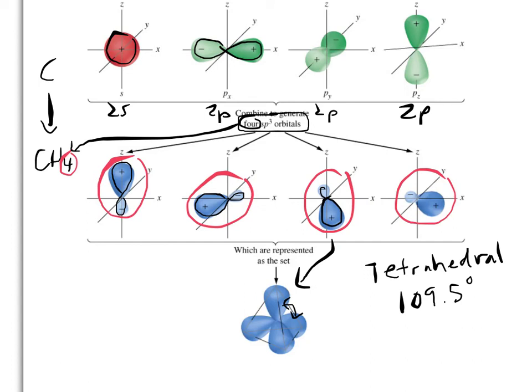So hybridization is a theory. The idea of hybridization is the theory that explains why certain bond angles and why certain molecules exist. Atomic orbitals would not be able to explain that alone.